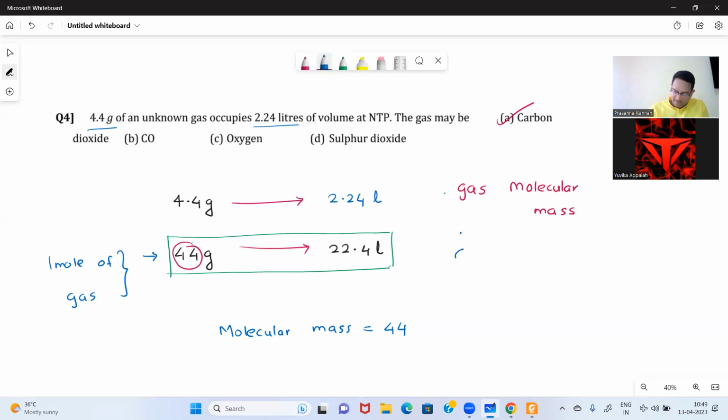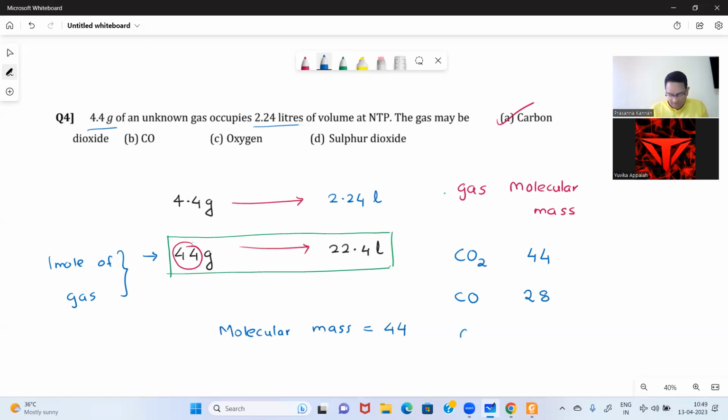So if the gas is carbon dioxide, the molecular mass is 44 grams. Suppose it is carbon monoxide, what will be the molecular mass? Carbon atomic mass is 12, oxygen is 16. 12 plus 16, how much? 28. Yes.